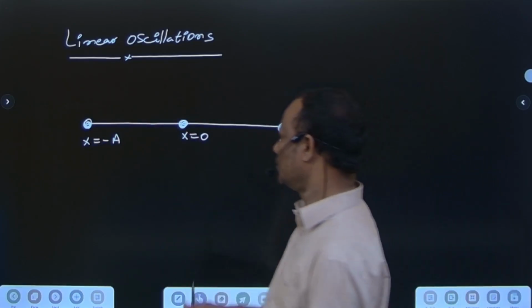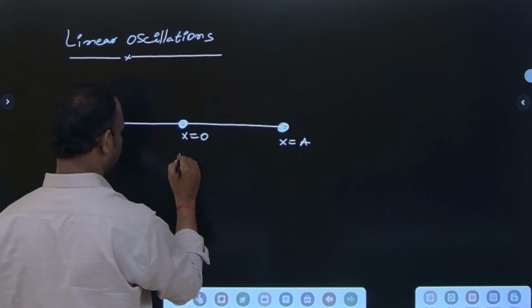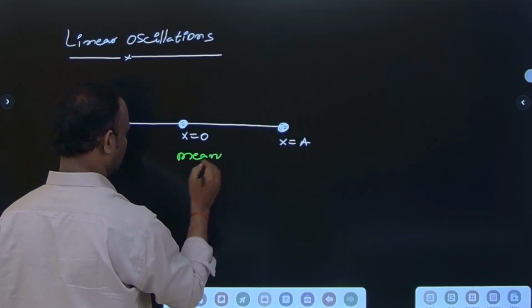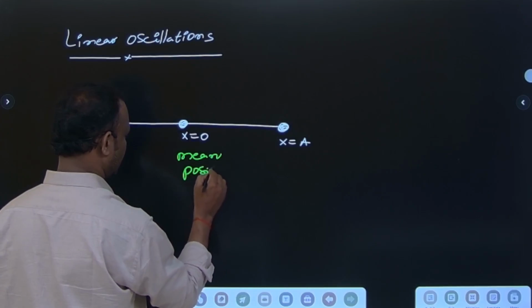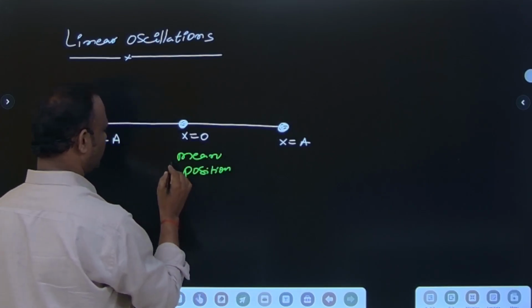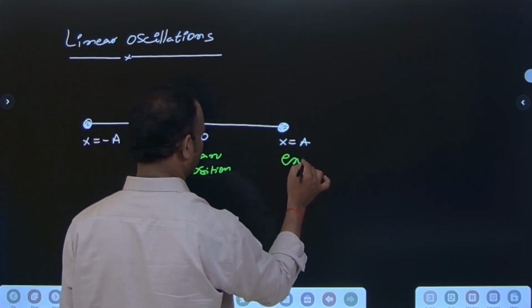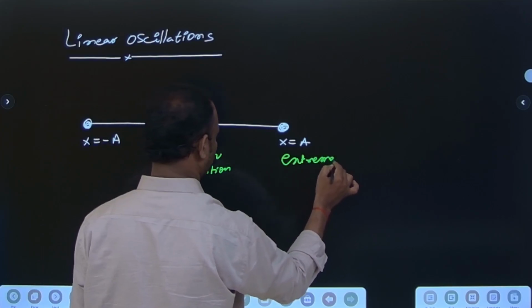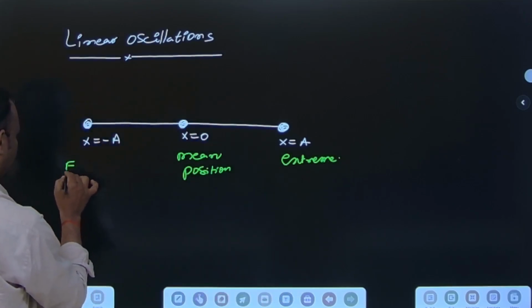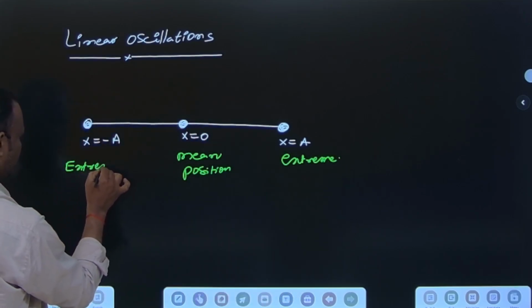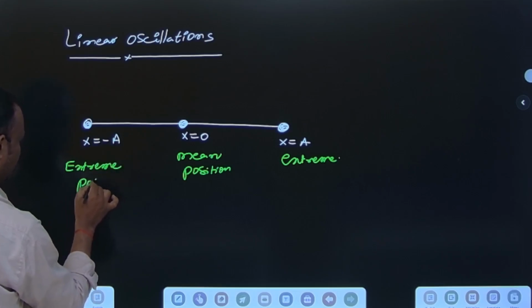This is called the mean position, and this is the extreme position.